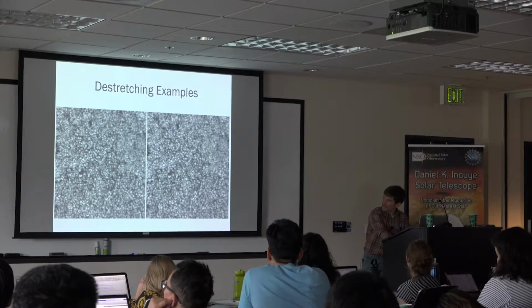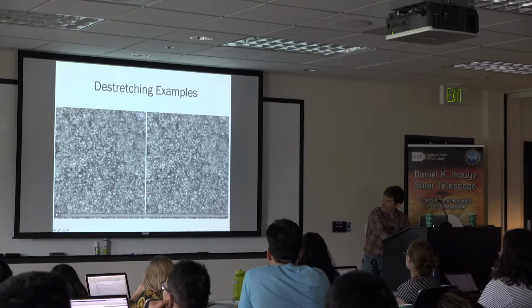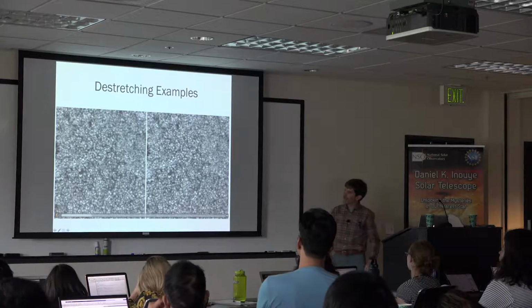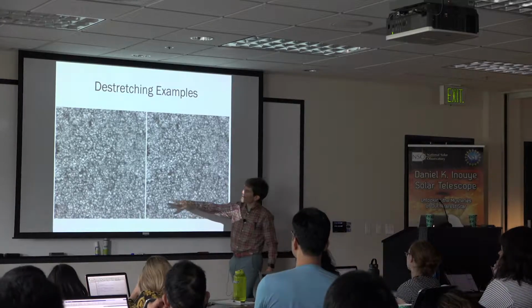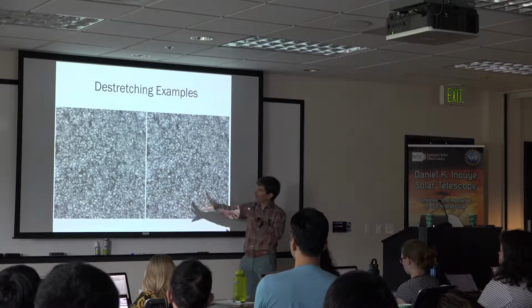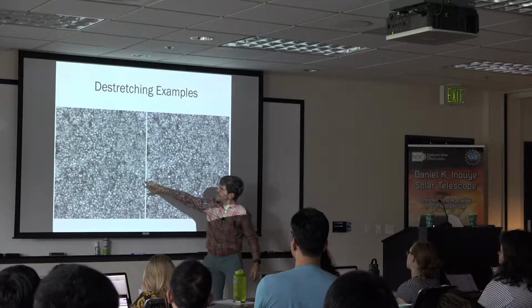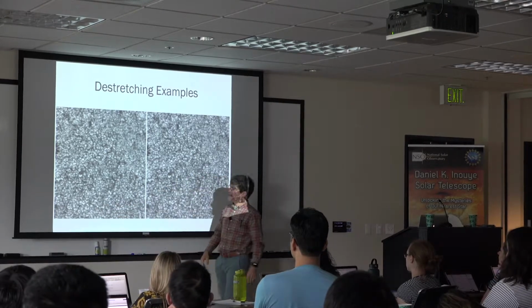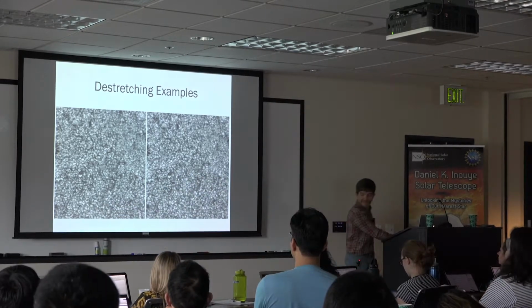As an example, we'll show what you can get with de-stretching. So here are these subfield shifts. Now you see the image overall is stable, but as you look in one particular spot, you see a little bit of the image moving around over time.